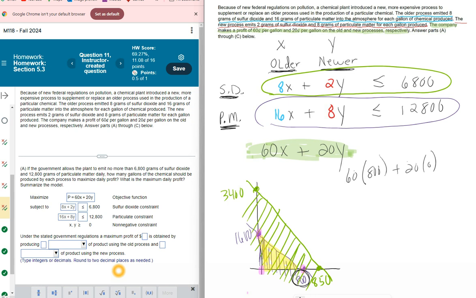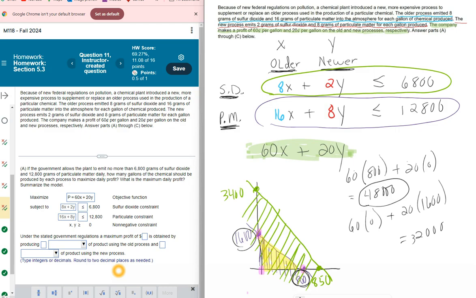So this is going to equal 48,000. And then the other one would be 60 times 0, because that's the x coordinate, plus 20 times the 1,600. And that's going to equal 32,000. This is bigger because we're trying to maximize the profit.